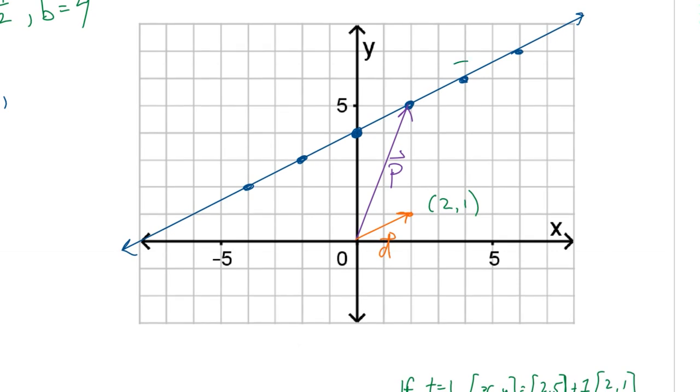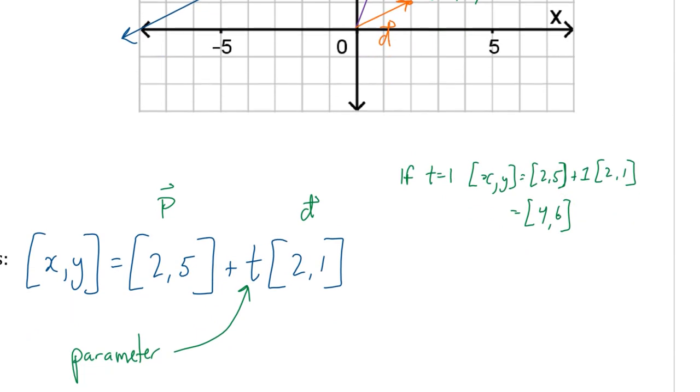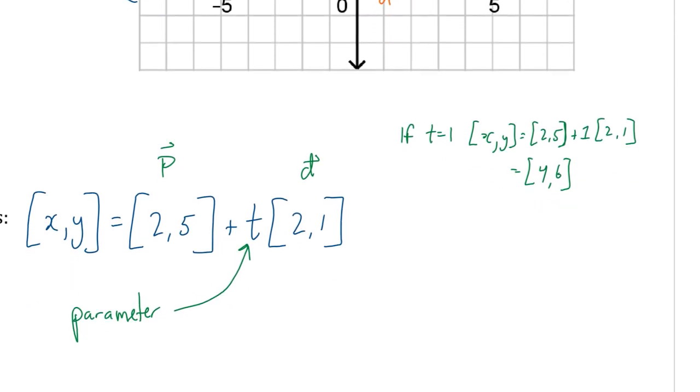And (4, 6) is a position vector to a point on the line. Now this is a vector, but that means (4, 6) is a point on the line.